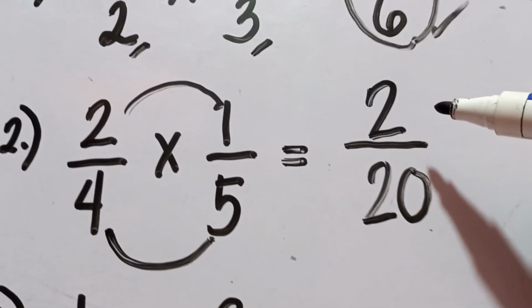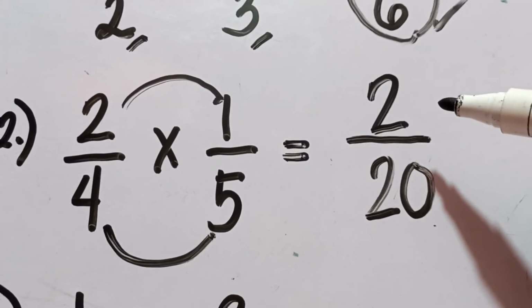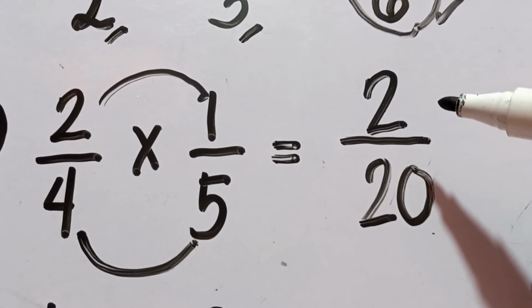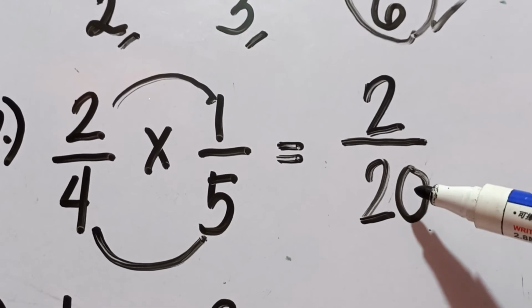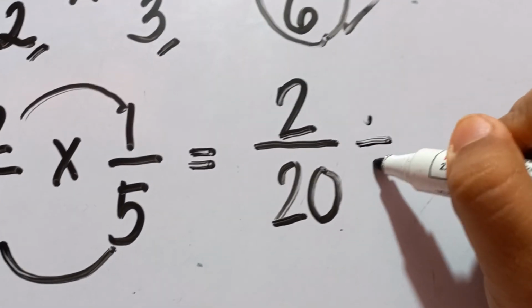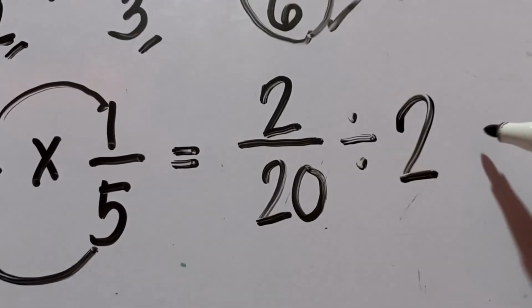When we say reducing fraction to lowest terms, we need to identify the GCF of the numerator and the denominator. So, the GCF of 2 and 20 is 2. So, we're going to divide 2 and 20 by 2.